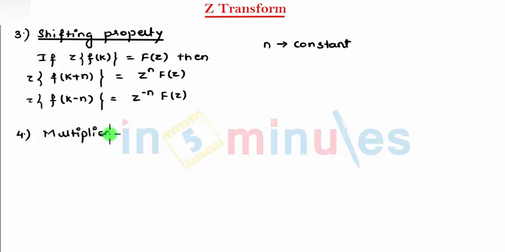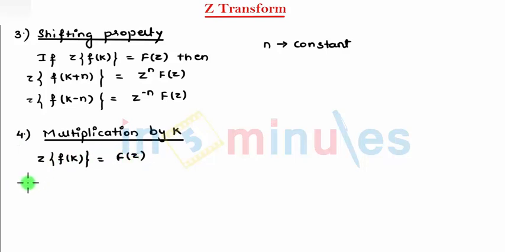Next is multiplication by k. So Z of f of k is equal to F of z. Then what is multiplication by k? If k multiplies f of k, then the effect is minus z d by dz F of z.